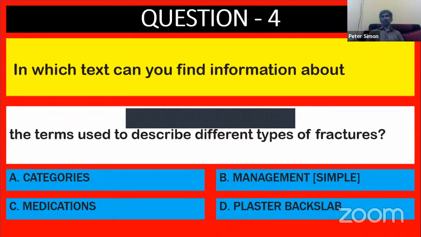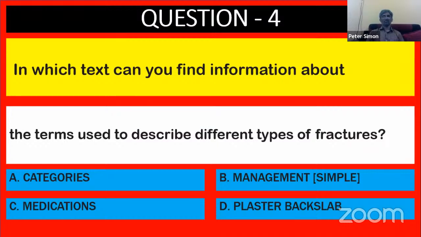The terms used to describe different types of fractures. A. Categories, B. Management, C. Medication, D. Plaster backslab. So those are the related words.